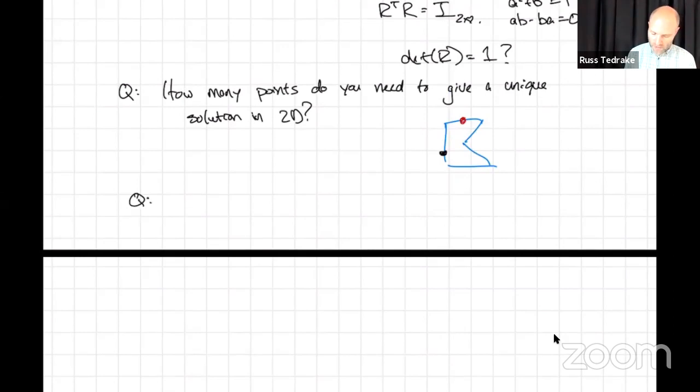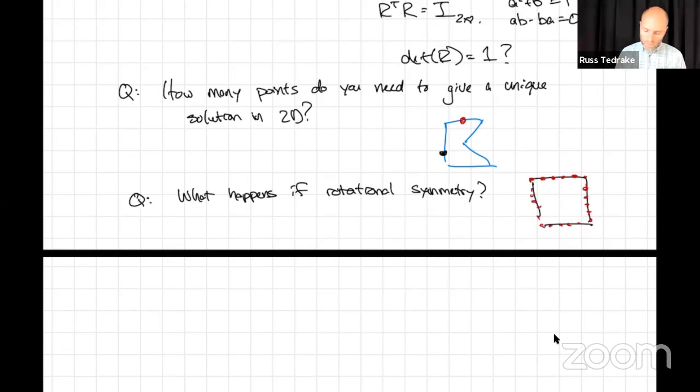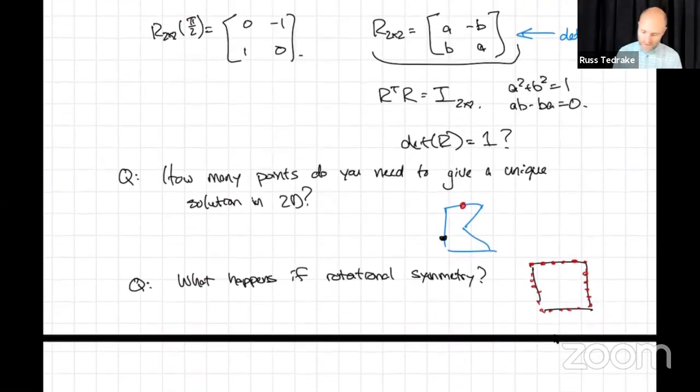Here's a similar question. What happens if you have rotational symmetry? If I have a box, for instance, like this, and I have a bunch of points like this. Mine immediately goes to ask, how would the solution of this optimization over R possibly accommodate a solution that would have a good answer at 0 degrees, a good answer at 90 degrees, a good answer at 180 degrees?